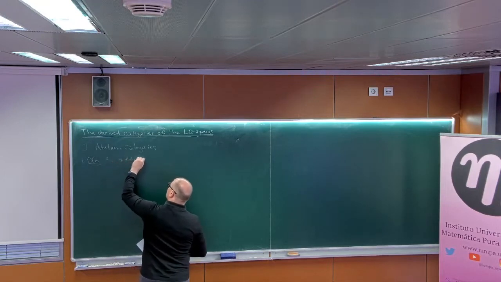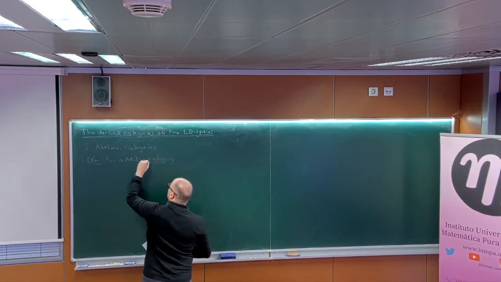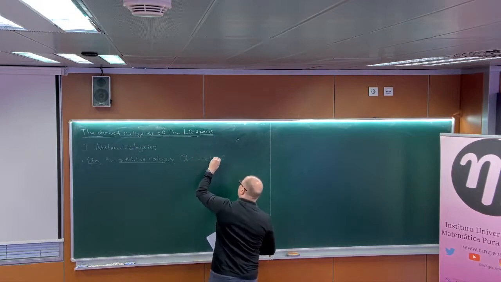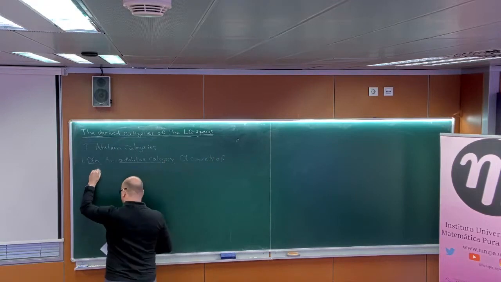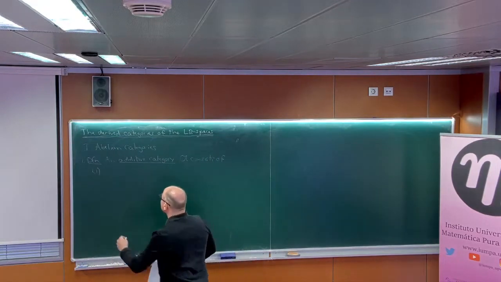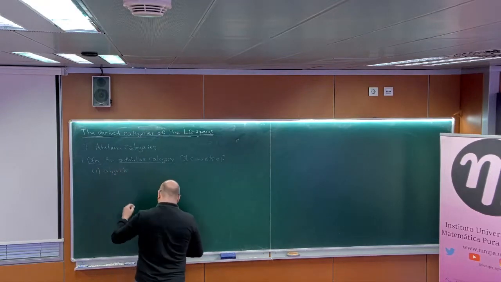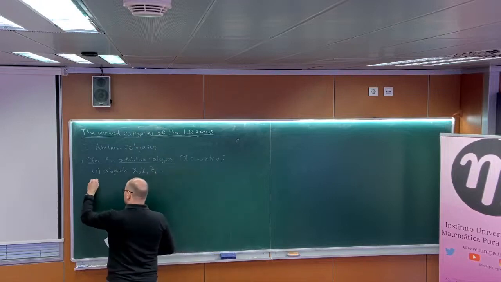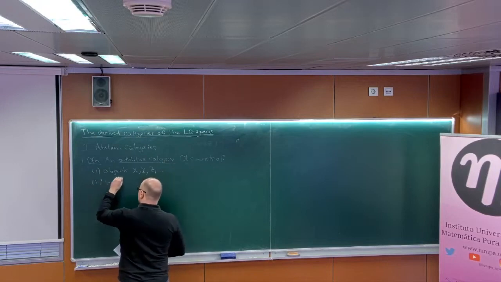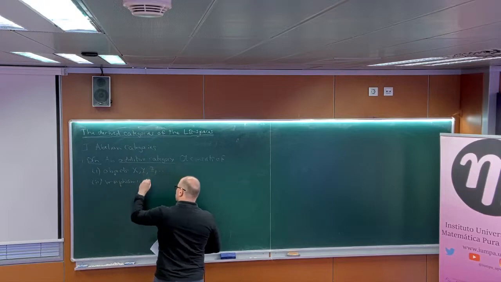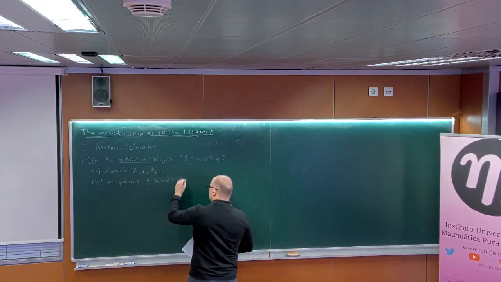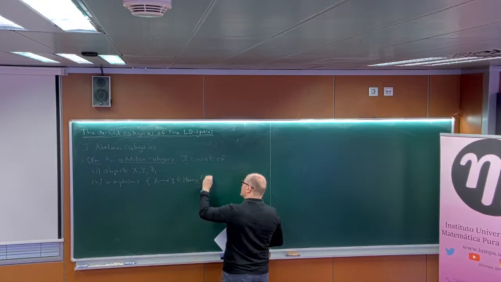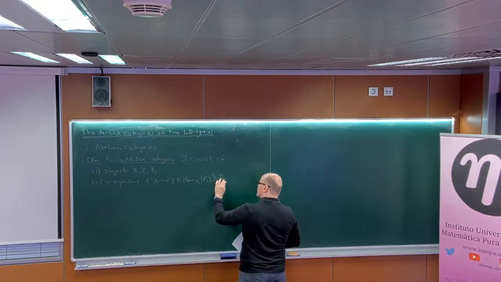So an additive category consists of, firstly, objects, which I call with capital letters usually, X, Y, Z. Then of morphisms, which I denote by small letters, so a morphism f from X to Y. And if you fix X and Y, then all the morphisms from X to Y form an abelian group.